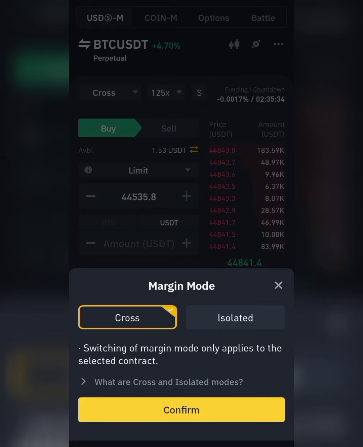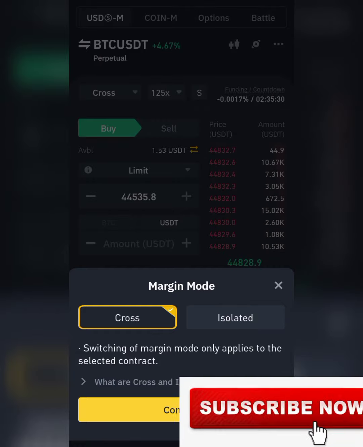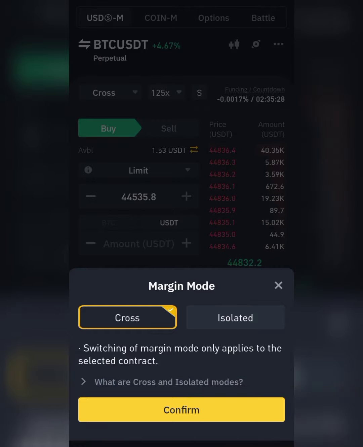Now for the cross margin, it is as though you are depositing a collateral. Look at it this way: you are going into the bank, for example. You have 10,000 naira and you want to take a loan of 100,000 naira, and the bank says you are going to have to deposit that 10k before we can give you a loan of 100,000 naira. Now that 10k is serving as your margin or your collateral.